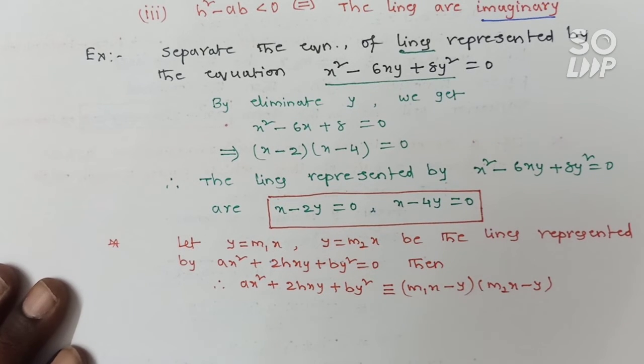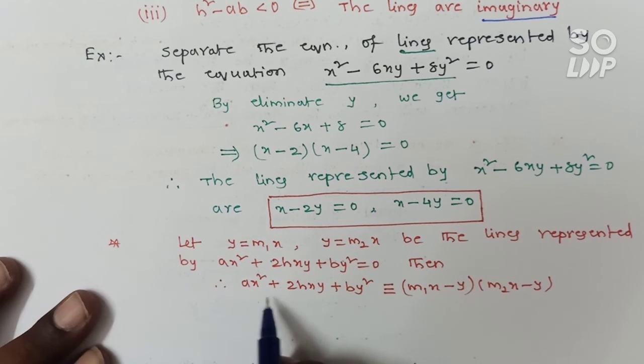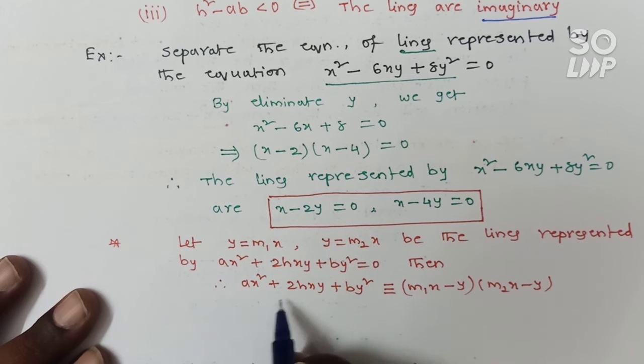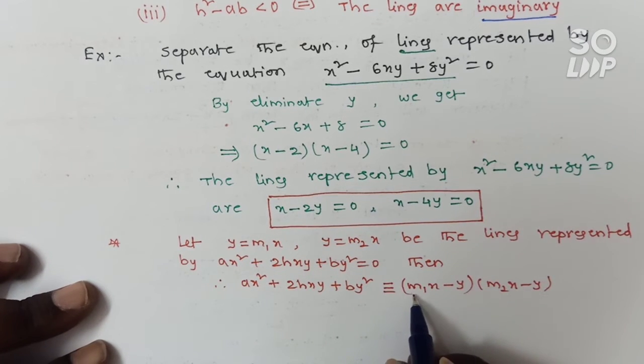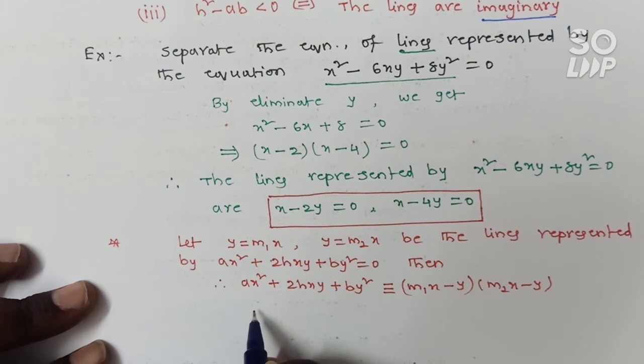See, look at this one. Here m1, m2 are the x coefficients in this equation. Okay. Now by observing this one, by multiplying these equations, these two are equal.